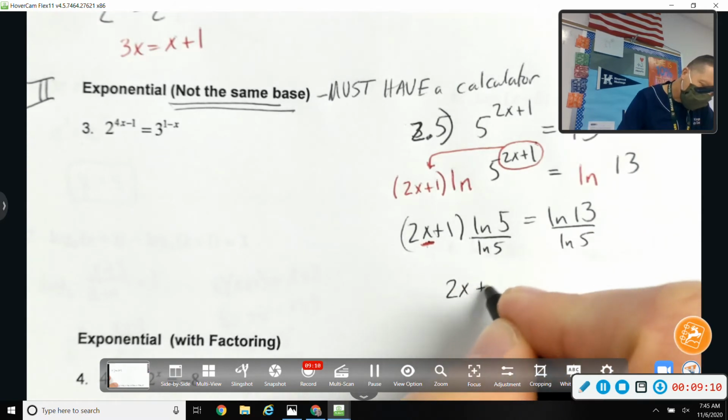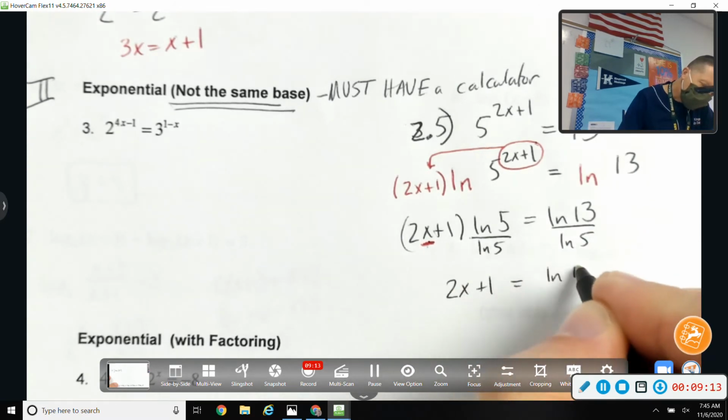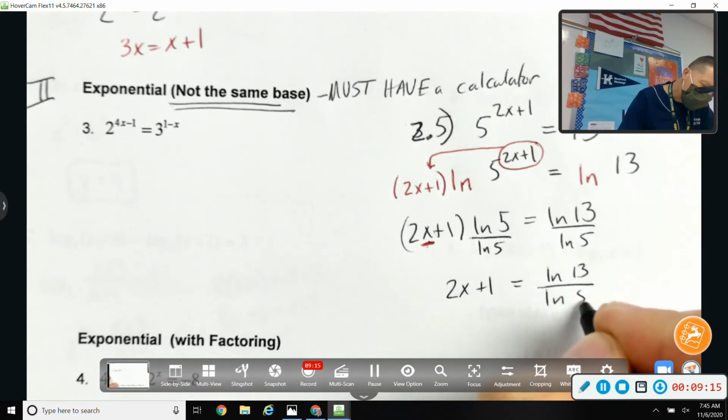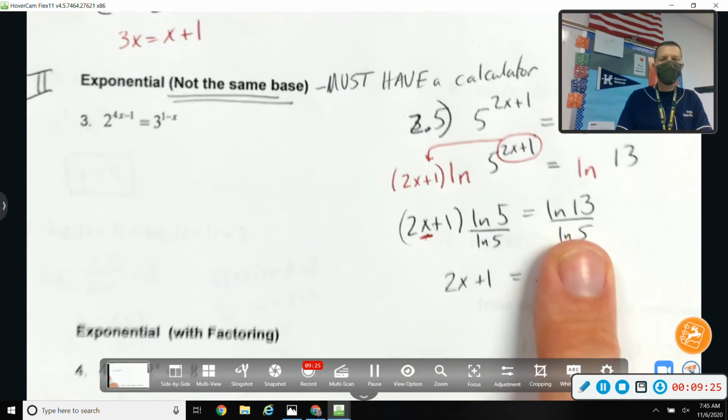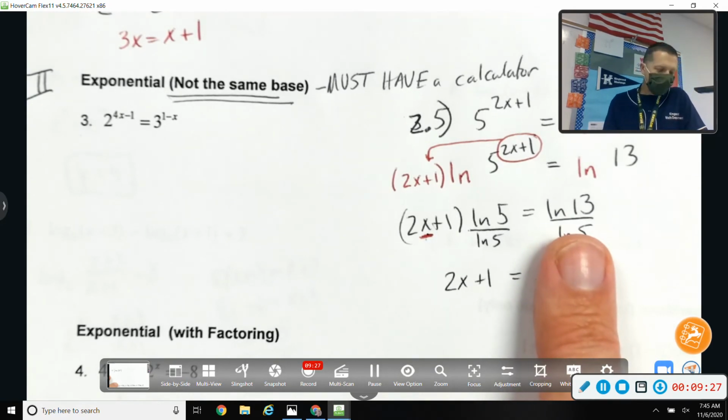So 2x plus 1 equals natural log of 13 divided by natural log of 5. Which is kind of ugly. Don't go to the calculator yet. So ignore that side for a minute. On the left-hand side, this is like Algebra 1 level stuff. Give me the 2 steps we should take to get x by itself.